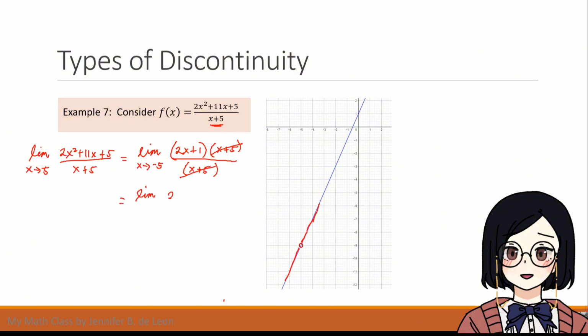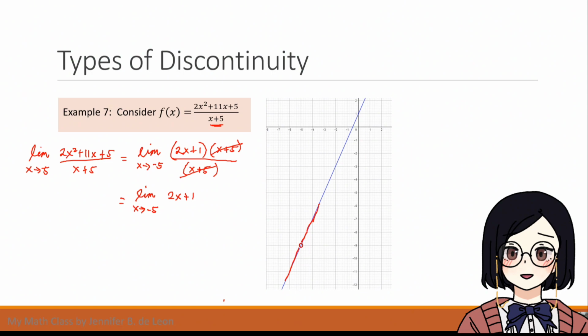So simply, we will be evaluating 2x plus 1 as x approaches negative 5. Now, take note here, 2x plus 1 is already a continuous function. It implies that we can remove the discontinuity of this function.